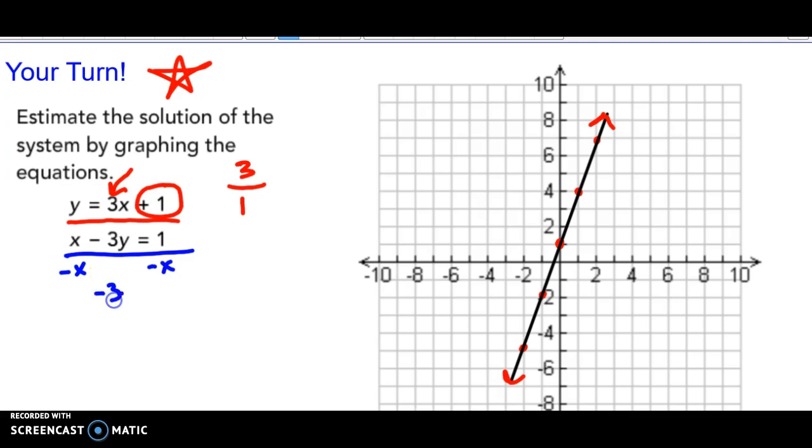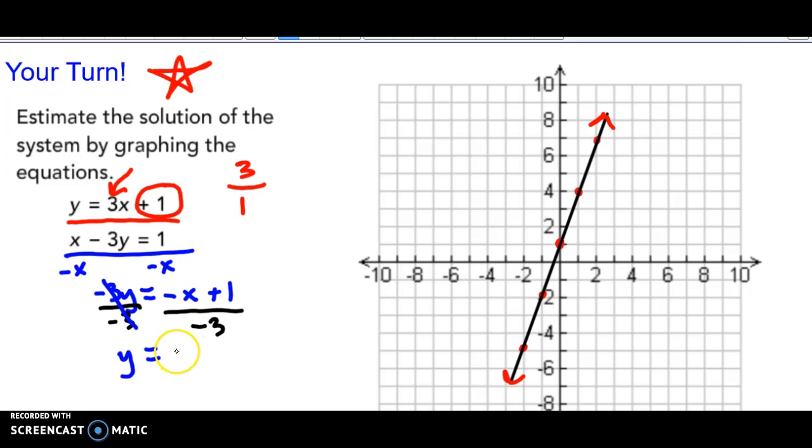That leaves me with negative 3y equals negative x plus 1. Now, to get y by itself, I need to undo this times negative 3. So I'm going to divide by negative 3. So these cancel, and I'm left with y over here. But now I have negative x divided by negative 3.